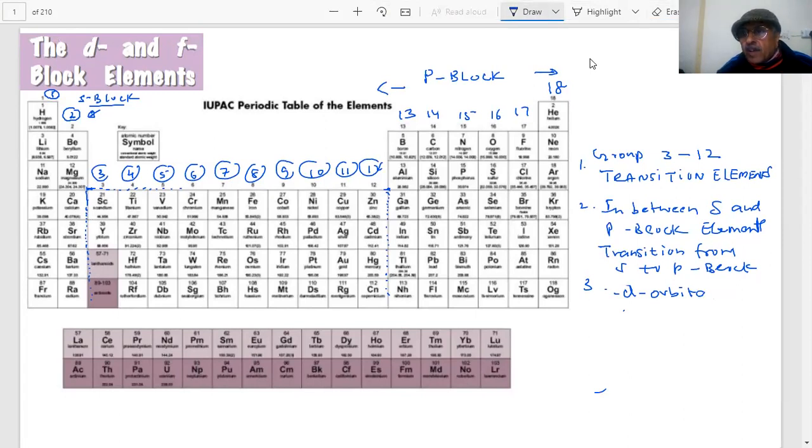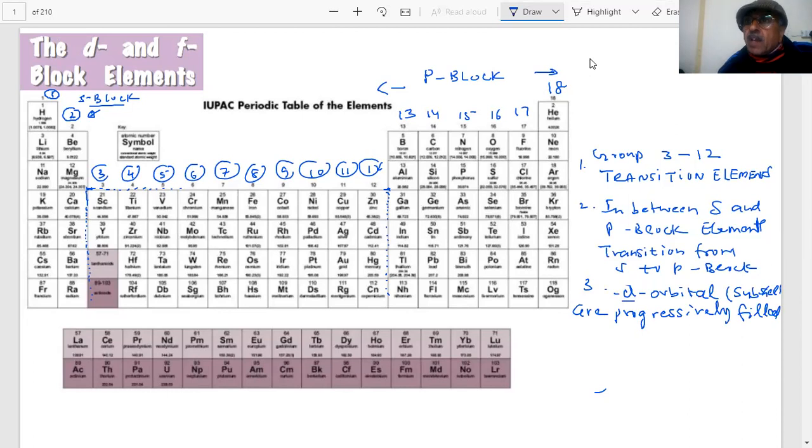The d orbitals, students, or d subshells, are progressively filled. That means students, the D subshell is being progressively filled.